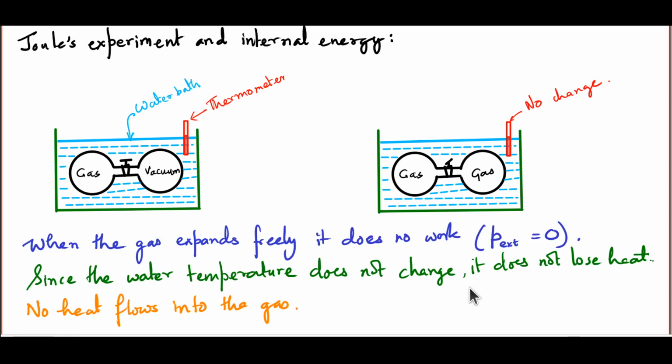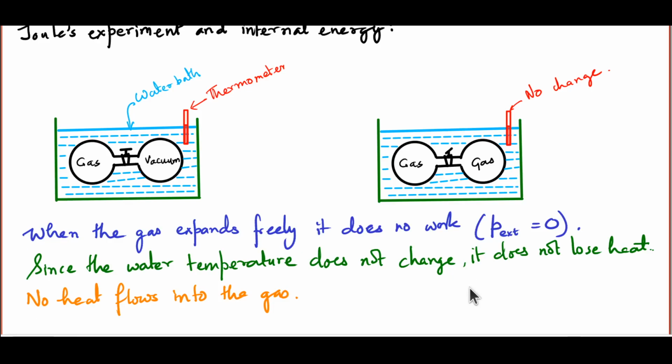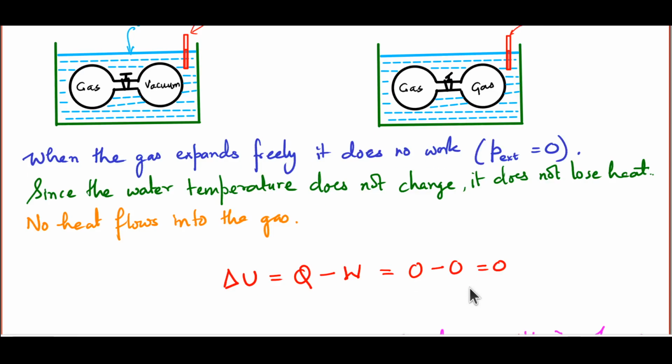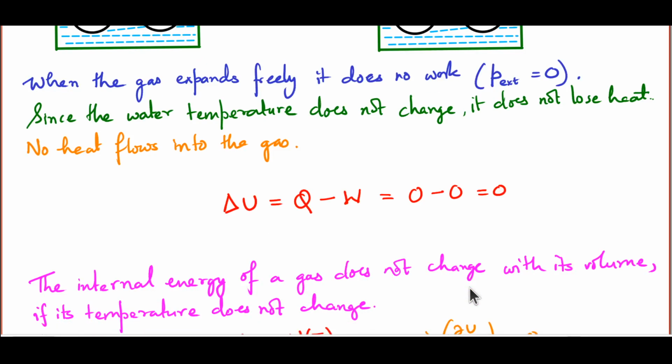So this tells you that free expansion of a gas is an adiabatic process. And what does it tell you about the internal energy change? Change in the internal energy must be equal to Q minus W, and that's 0 minus 0, so it's 0. In other words, the internal energy of a gas does not change with its volume if its temperature stays fixed.